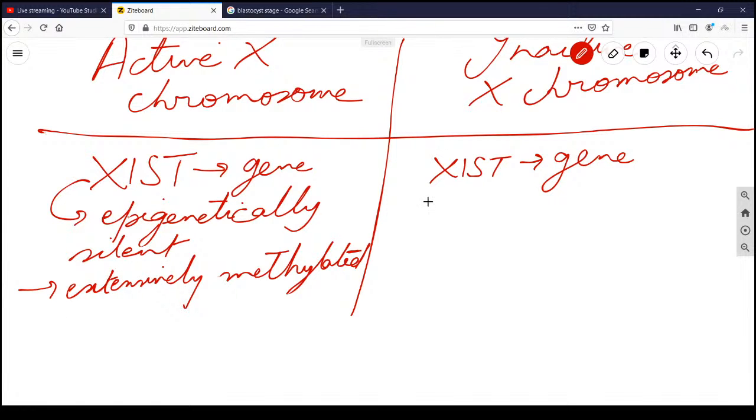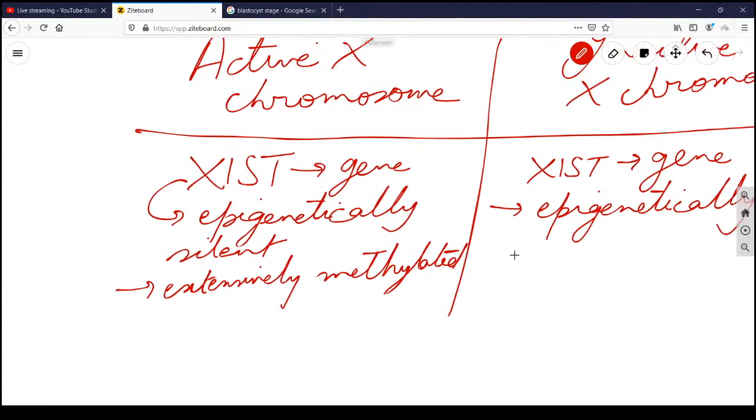Here the XIST gene will be epigenetically active because you want the XIST RNA to be transcribed so that it can bind and inactivate the X chromosome. This is the inactivated X chromosome.